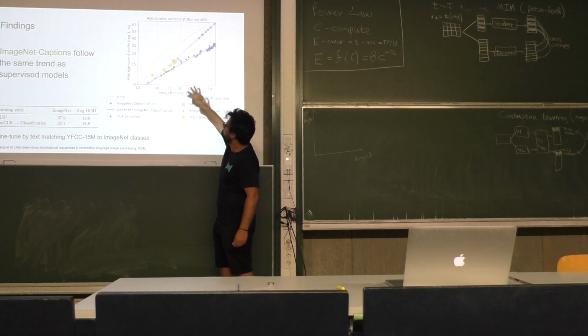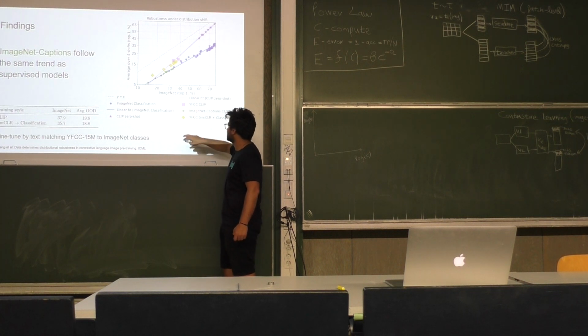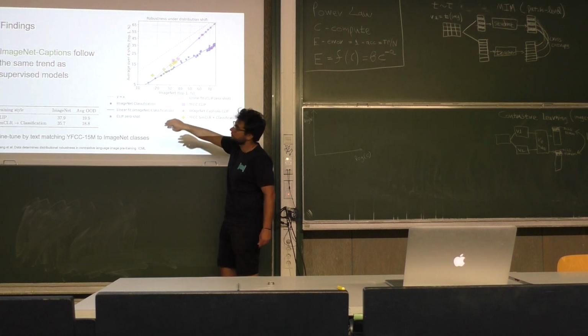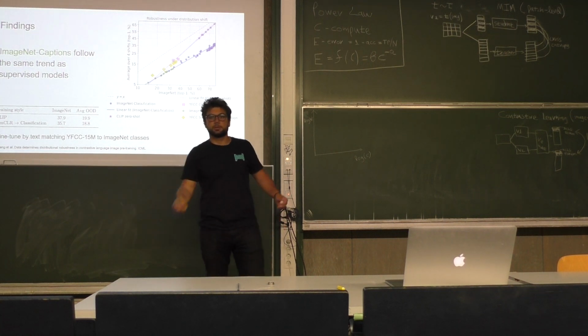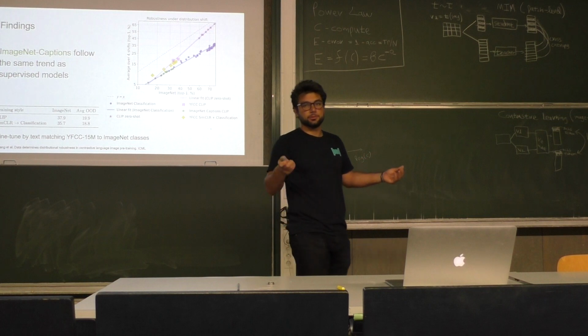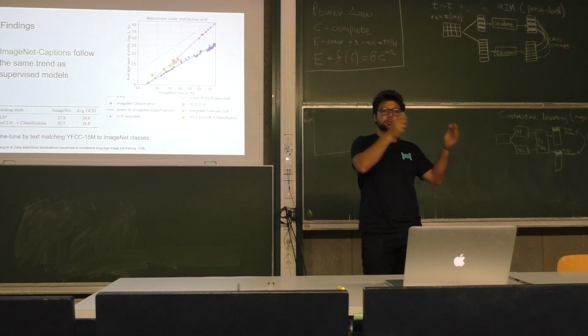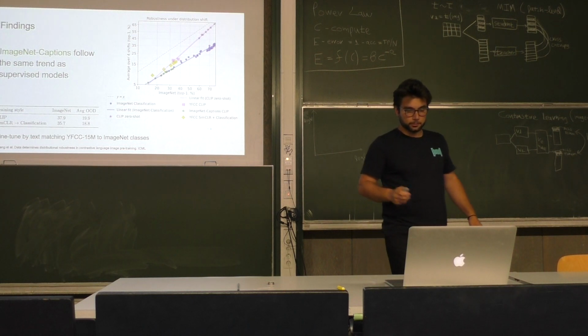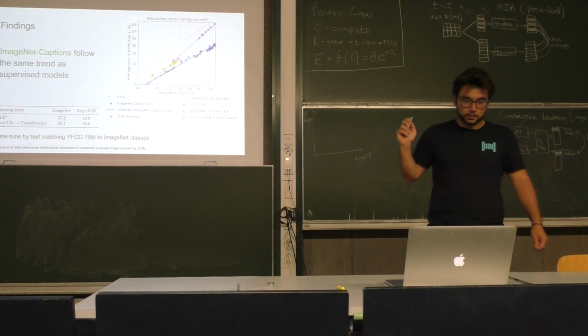You see they both follow the same trend on the x and y axis, and then the pink squares as well as the yellow ones also follow the same trend. So it doesn't really matter which objective you use, or if you use the class names or the whole captions and train with CLIP. Any questions?